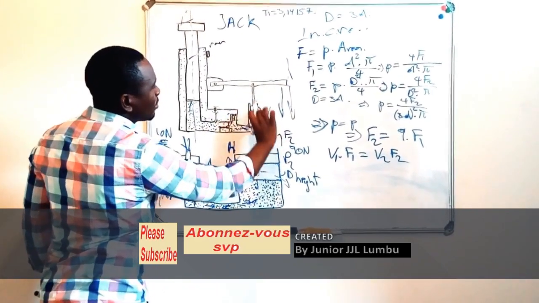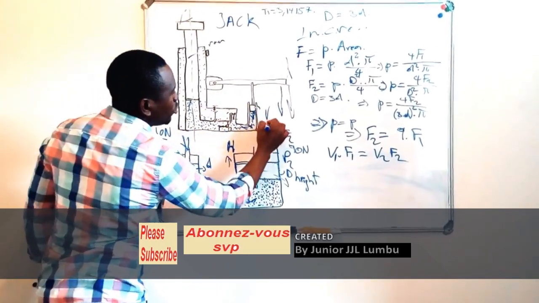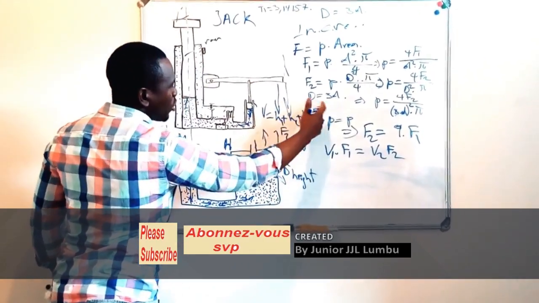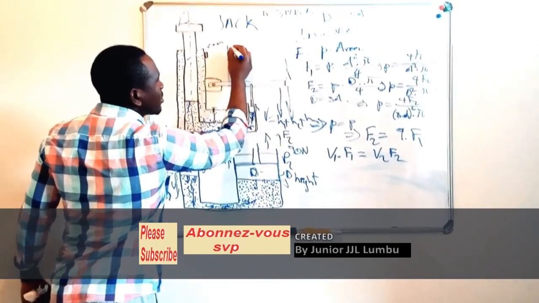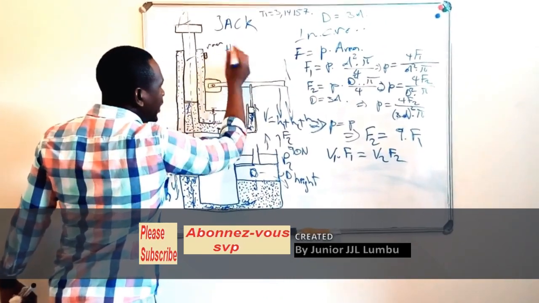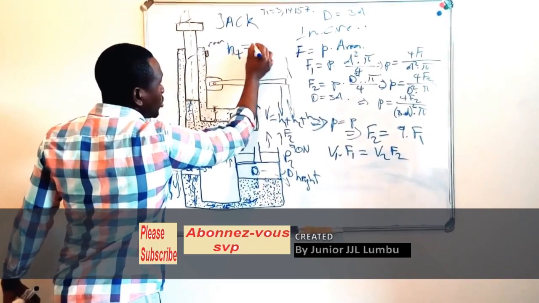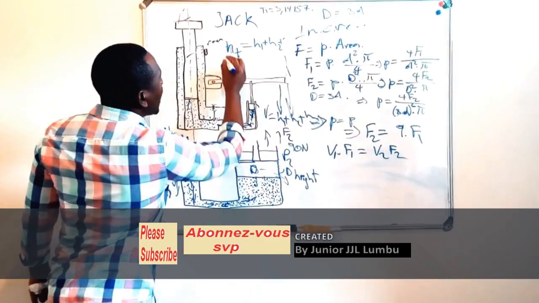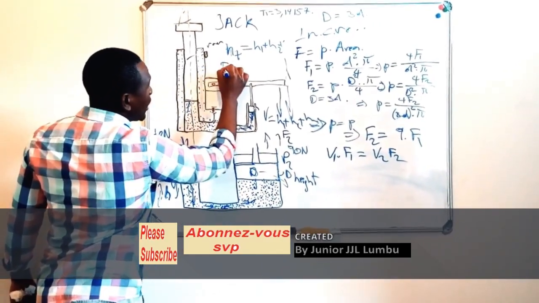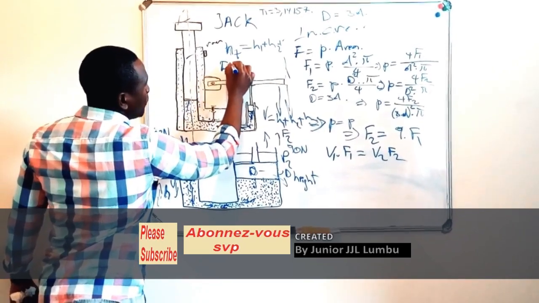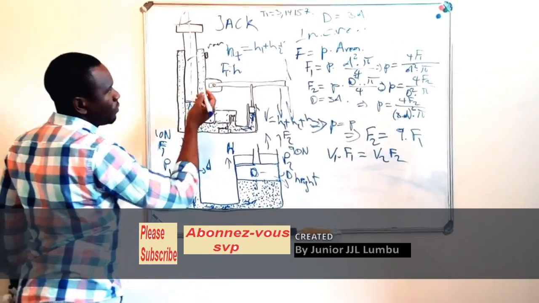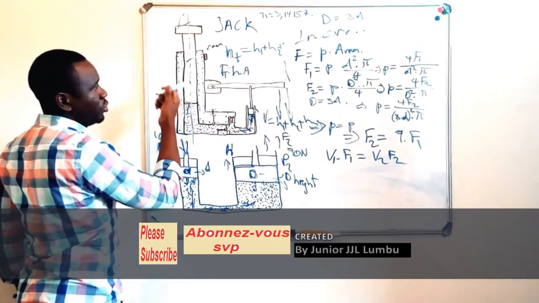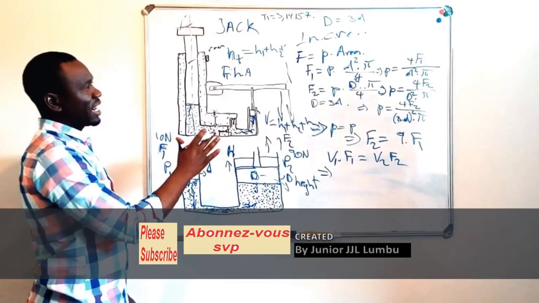The more you're going up and down, you are adding H1 plus H2 plus H3 and so on, which makes a certain amount of H total, multiplied by the force that you are putting, times the area, and then you get the result. Your car is up because the principle is clear.